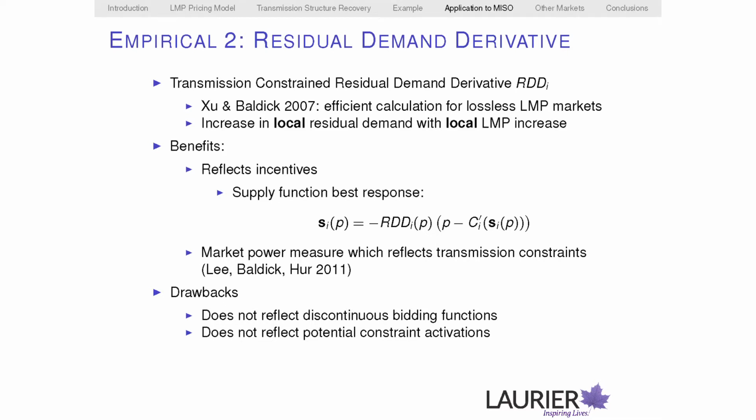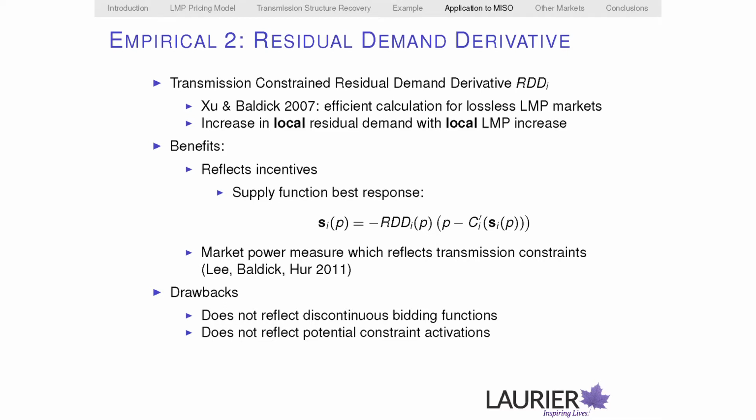Zumbaldic have a nice paper that shows how to efficiently calculate this for a lossless market. It reflects these incentives, and it's locational, so it reflects incentives at a particular location as opposed to other market powers.